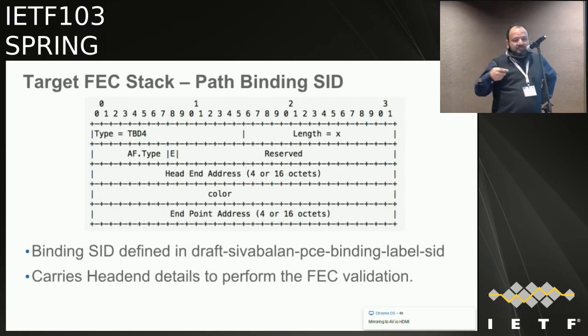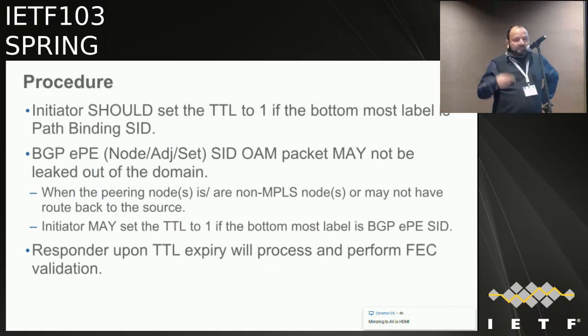In the interest of time, I just want to highlight some differences, and the same thing for BGP EPE. If the return path doesn't exist, or the peering node is a non-MPLS router to which we cannot forward the packet, then we are also recommending that the TTL for the label be set to 1, so it expires. So these were the procedures. I think we can discuss more in the MPLS working group. Okay, thank you.